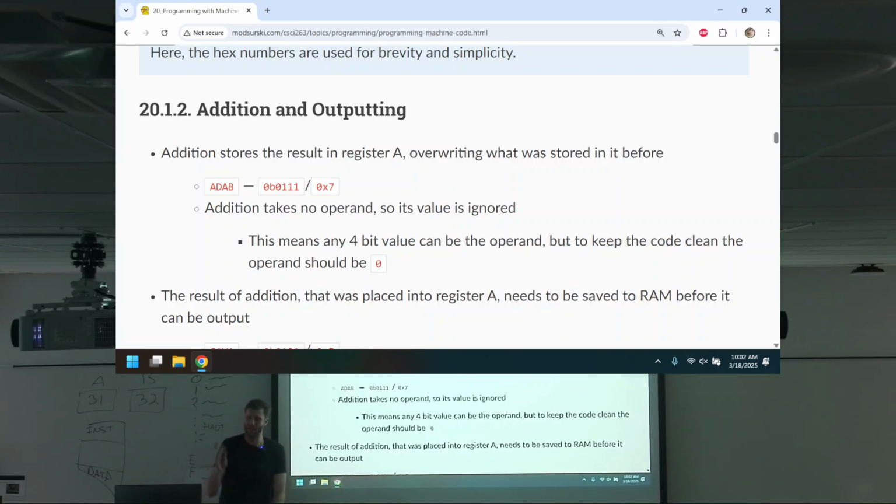LDAR is load into A from RAM. LDAD, load into A direct, for example. ADAB, so originally I had add B, I think. And the reason I had add B is that I always know what goes into A, because A is this idea of an accumulator.